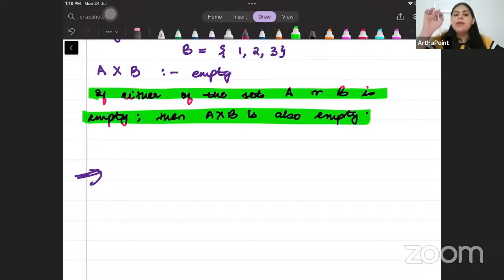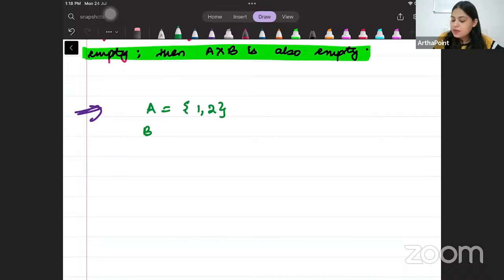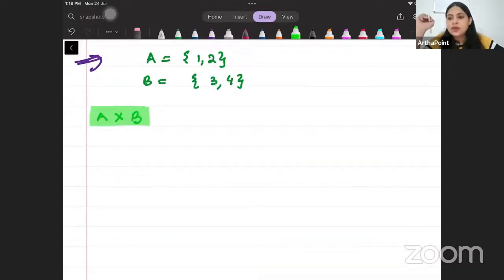What's that rule? Let's say suppose I tell you that beta, A is 1, 2. And let's say that B is 3, 4. Now I tell you, find out A cross B. Find the Cartesian product A cross B. So what is going to be the Cartesian product of A cross B?